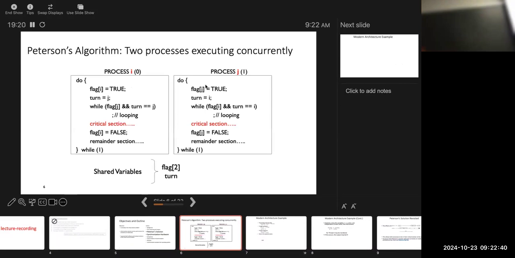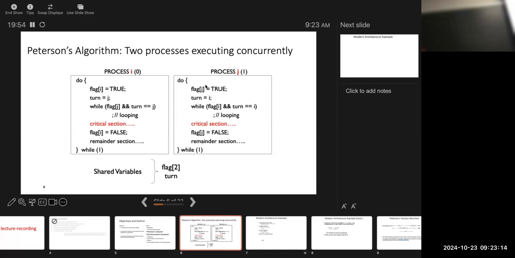Before entering the while loop, it is setting flag 0 equal to true and turn equal to 1, right? Process 1 is setting flag 1 equal to true and turn equal to 0, right?